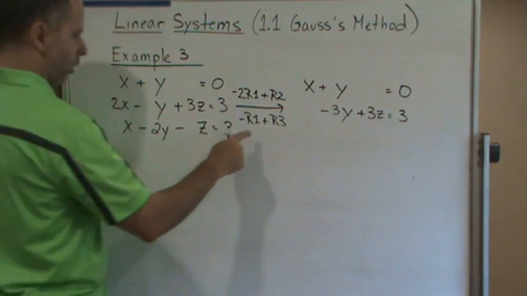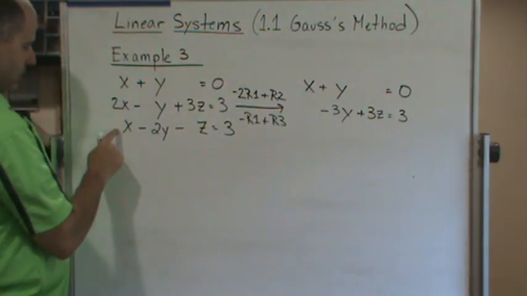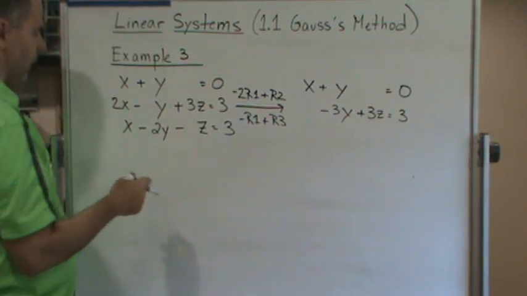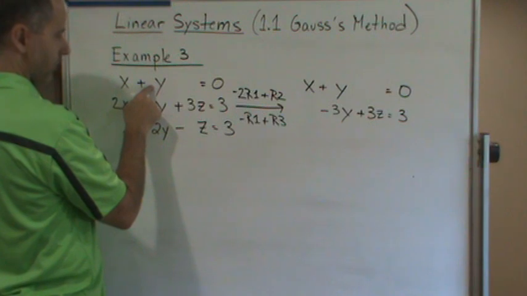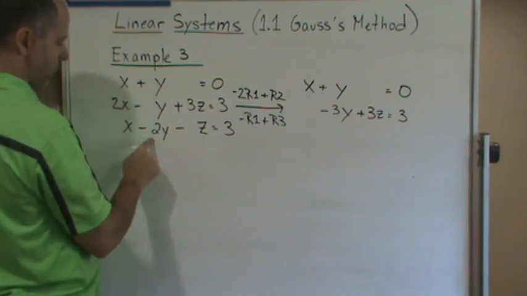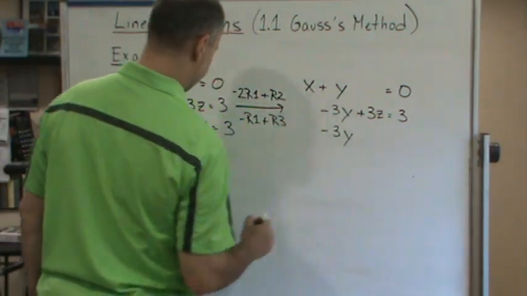Now we're going to do negative row 1 plus row 3. So negative x plus x is 0, so those go away like we knew. And then we're going to do negative y plus negative 2y, which is negative 3y, so that gives us a negative 3y here.